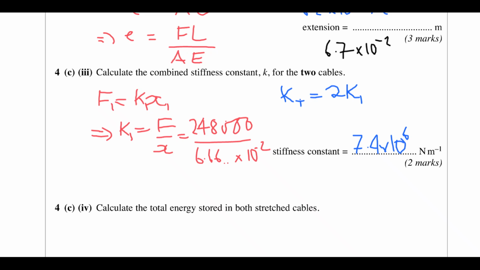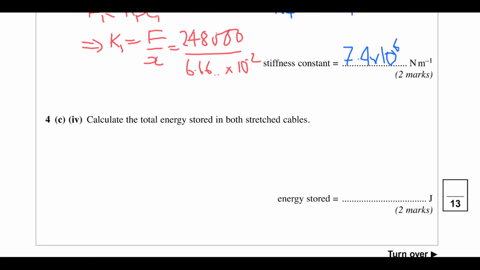Okay, so then last part, calculate the total energy stored in both stretched cables. So energy stored, well, we can calculate the work done to stretch them, and if we're assuming there's no lost energy, that's the same as the energy stored.